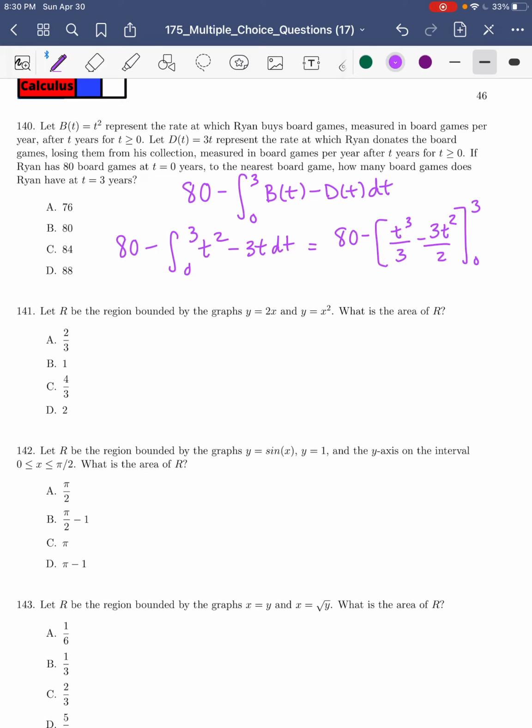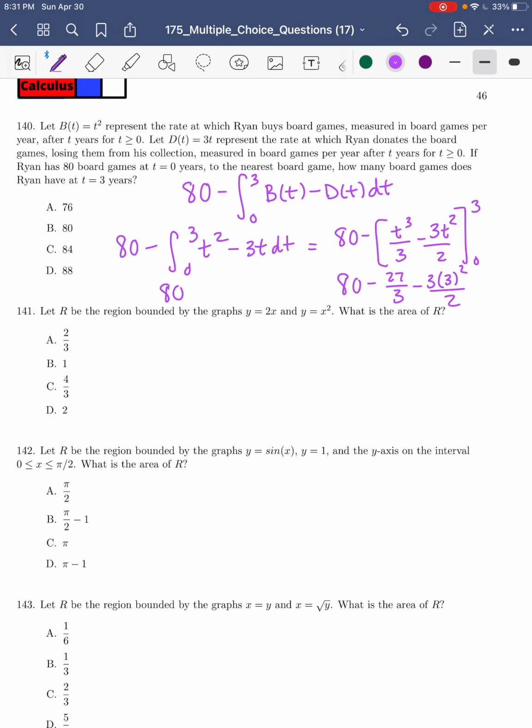So when I plug this one in, obviously the zeros would become 0, so it's going to be 80 minus 3 cubed is 27 over 3 minus 3 times 3 squared over 2.